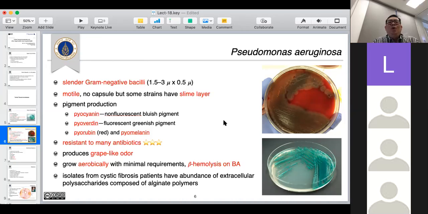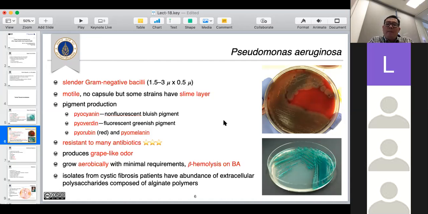Generally, Pseudomonas aeruginosa does not have very harmful machinery or virulence factors. They have weak or mild virulence factors. So that's why they cannot cause disease in healthy people. But the serious thing is, once they infect, they resist almost all antibiotics. That's the key that makes Pseudomonas aeruginosa serious.